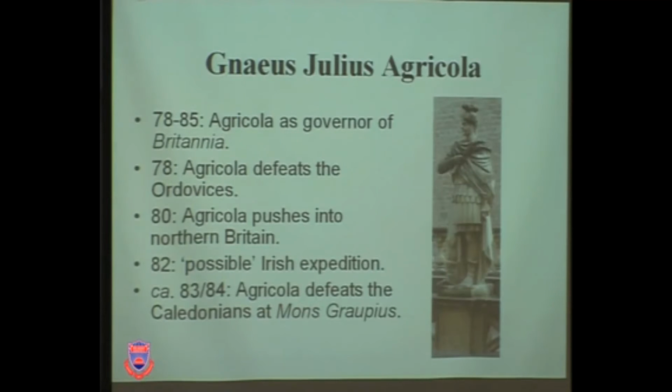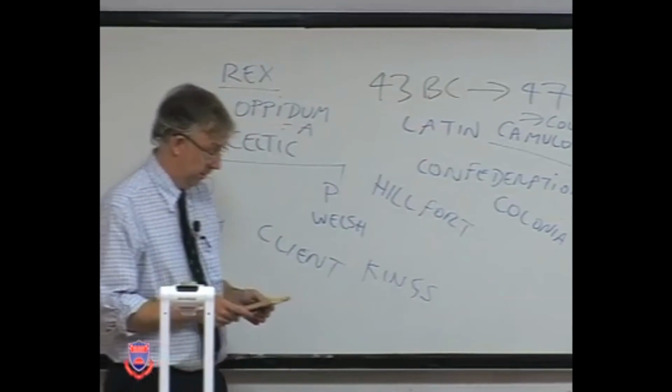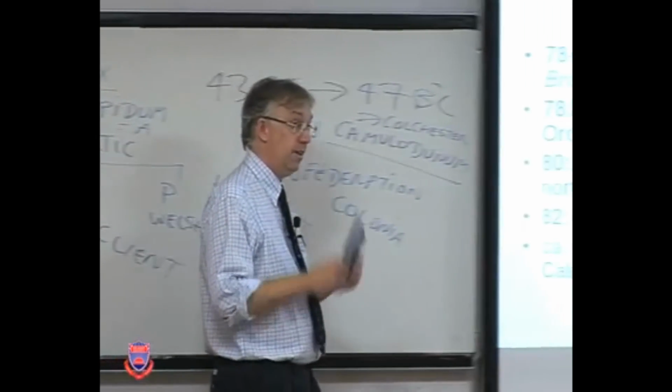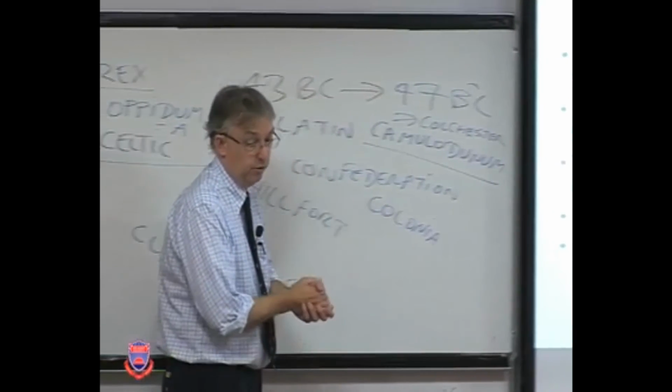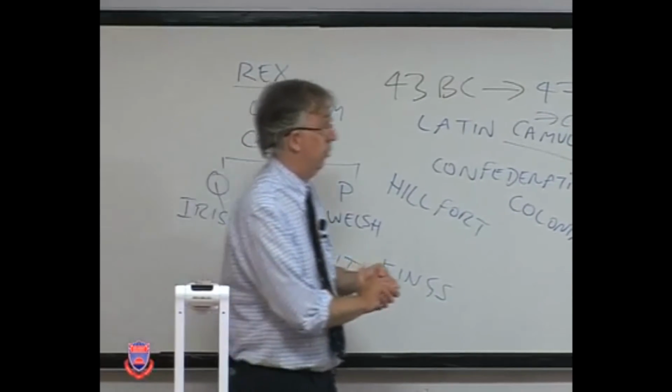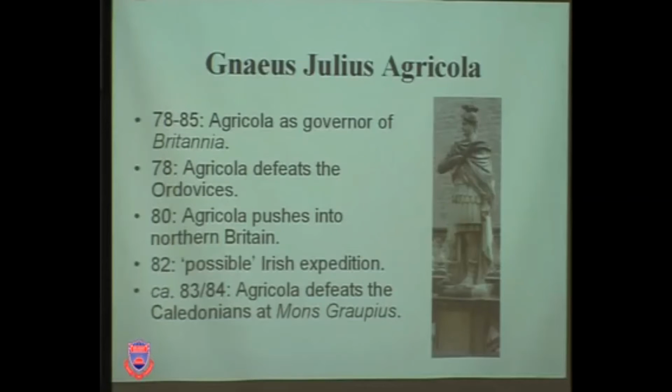And we have a lot of information about Agricola and his successes in Britain because his son-in-law, Tacitus, the Roman writer, wrote an account of his father-in-law's deeds. So his period of governorship, less than 10 years, 78 to 85 AD, was a period of significant Roman advance in Britain in various ways, as we shall briefly see.